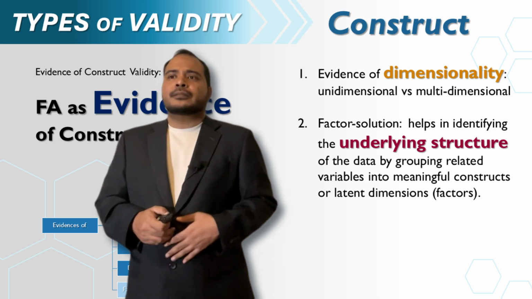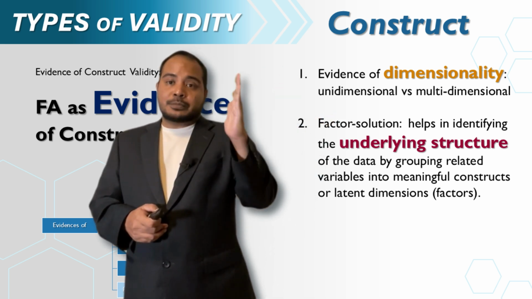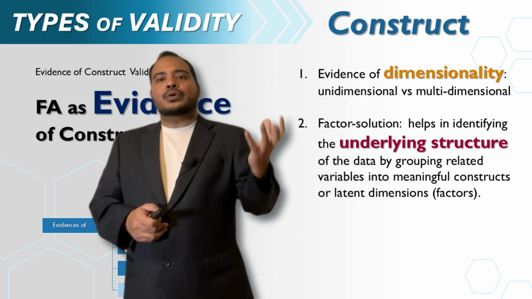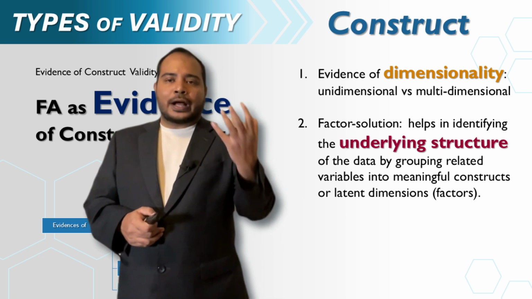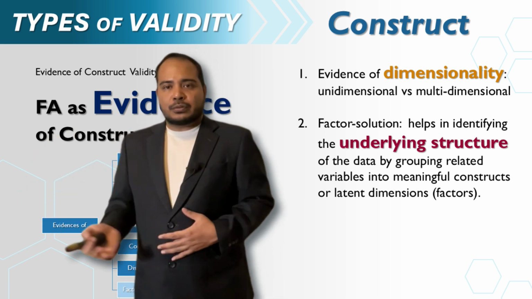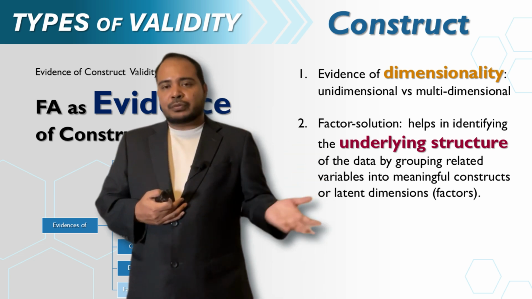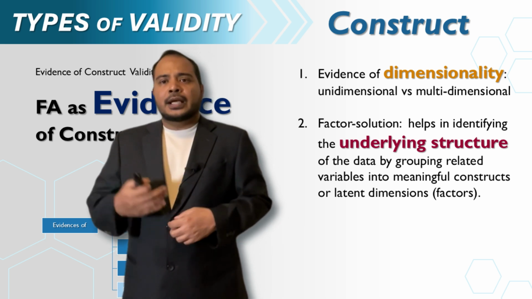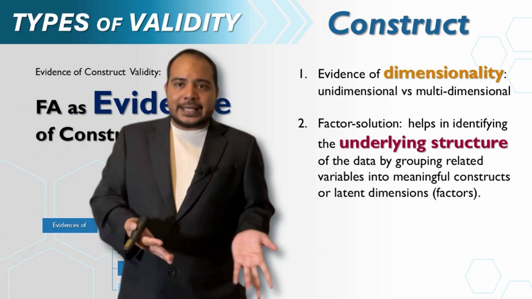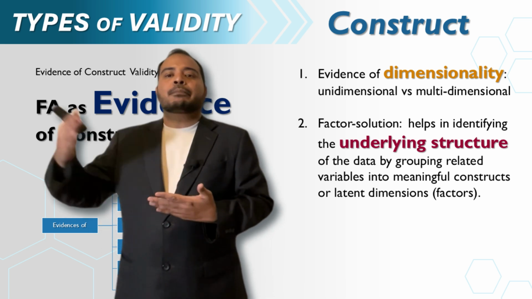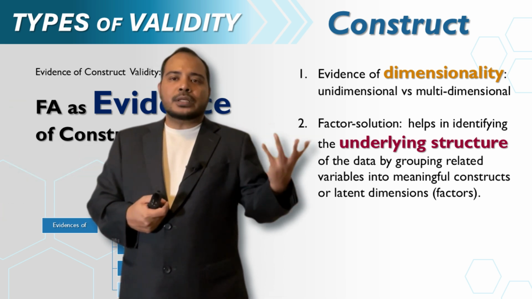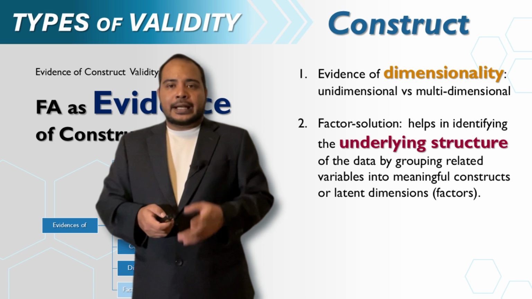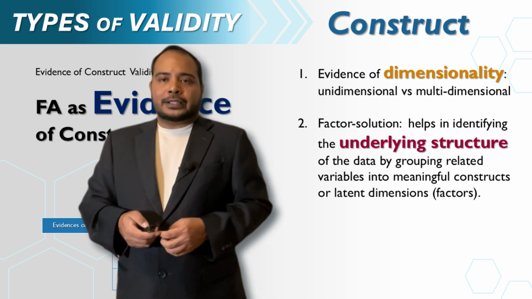So when the test is multidimensional, meaning more than one factor, we expect it will also give us a three-factor solution, because we conceptualize motivation as having three components. If they give us more or less than three, then this does not support the conceptualized model of motivation. So we are expecting to have the three-factor solution.